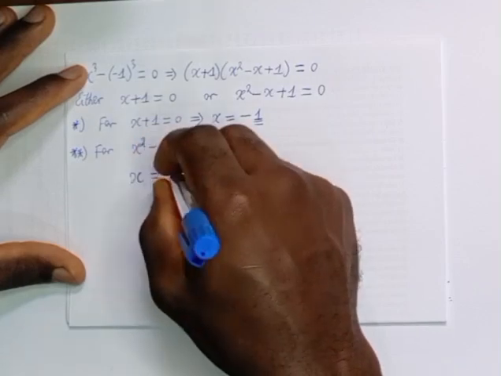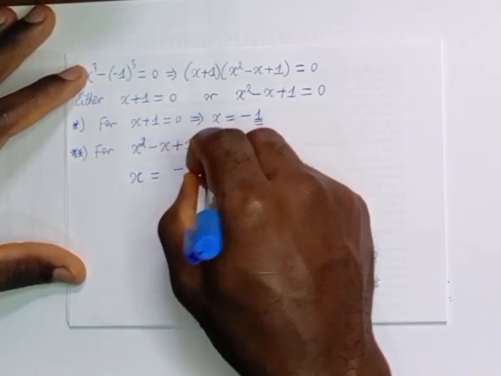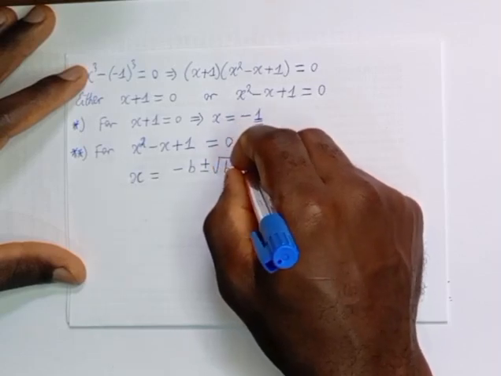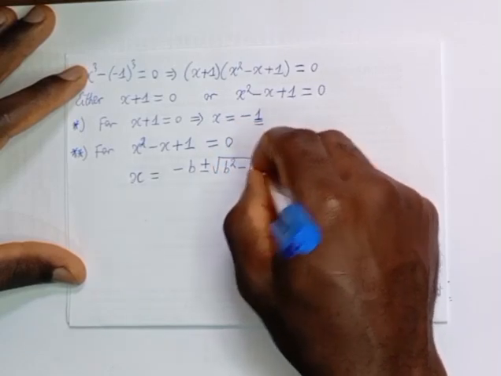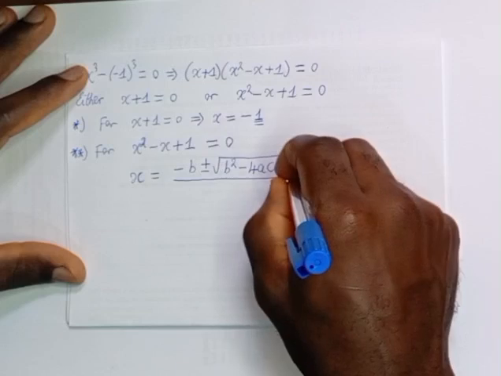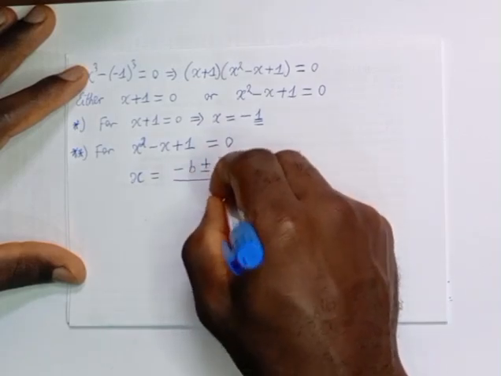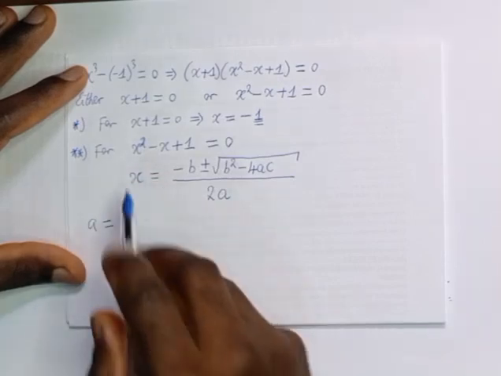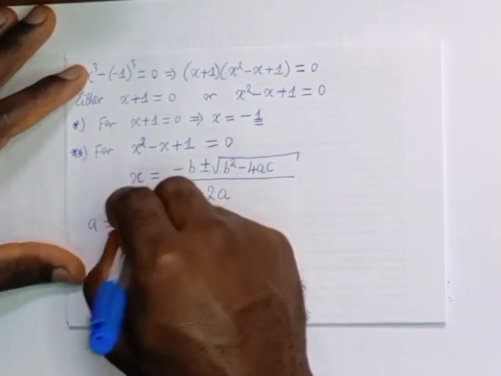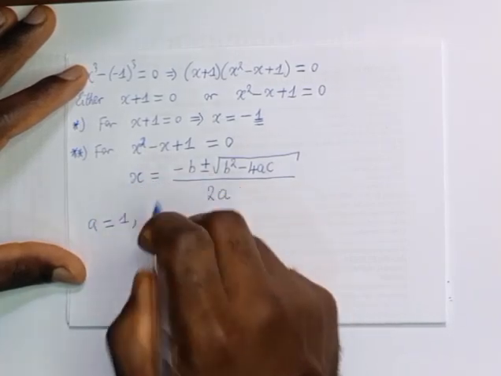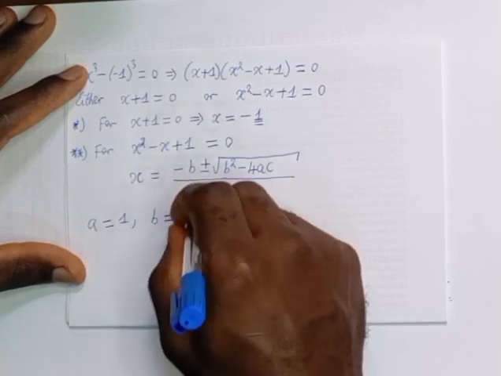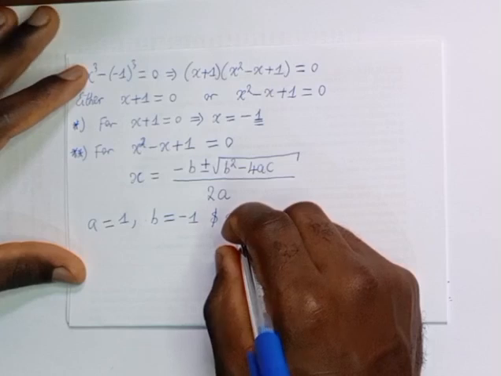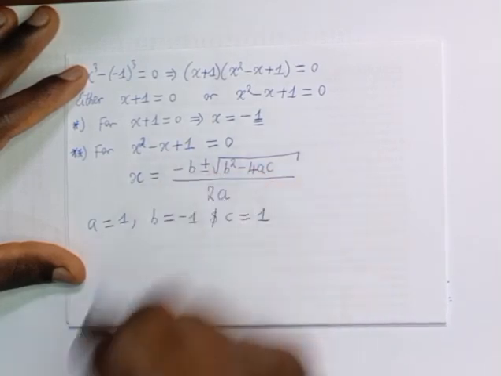x will simply be equal to negative b plus or minus the square root of b squared minus 4ac. Then we divide all this by 2a, where a is the coefficient of x squared, which is 1, b is the coefficient of x, which is negative 1, and c is equal to the constant term, which is 1.